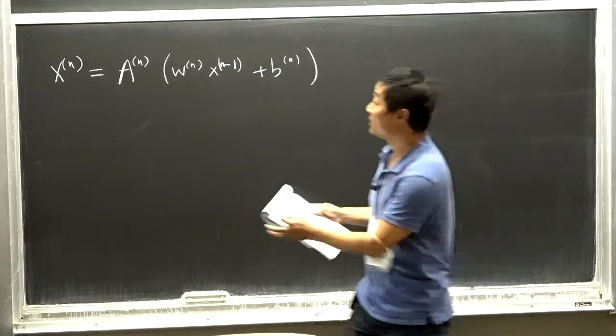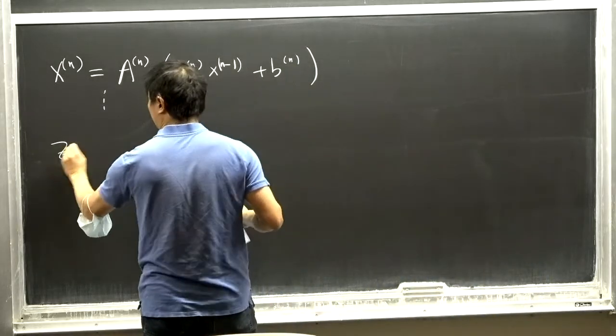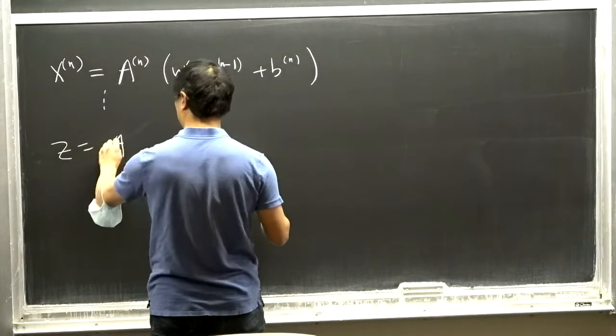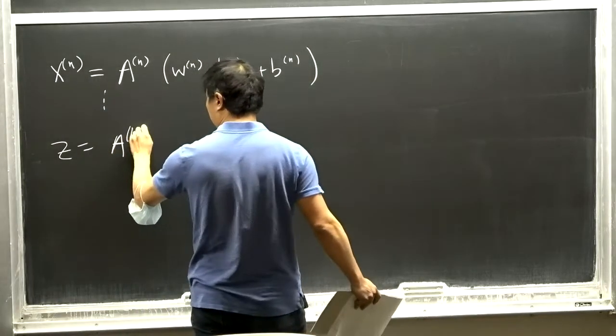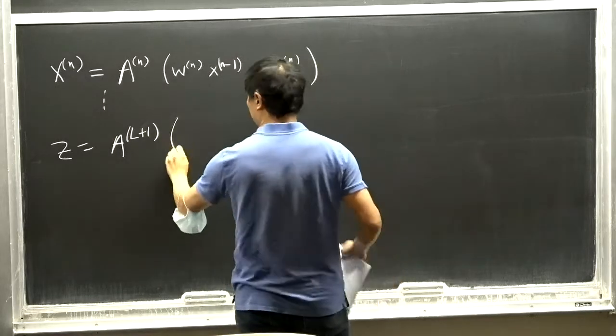And finally, the output layer. So let's say there are L hidden layers. Then the last output layer is just given by this.